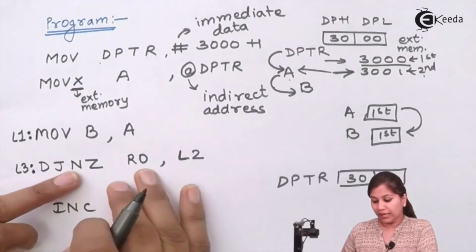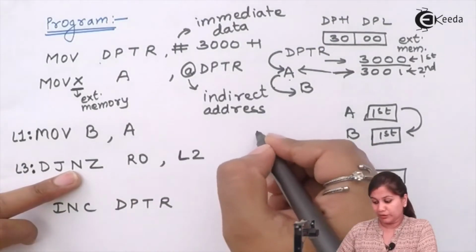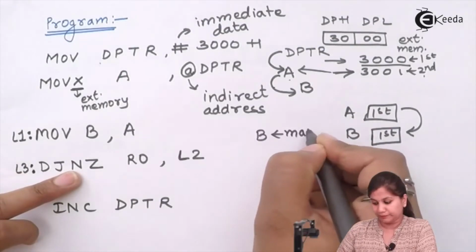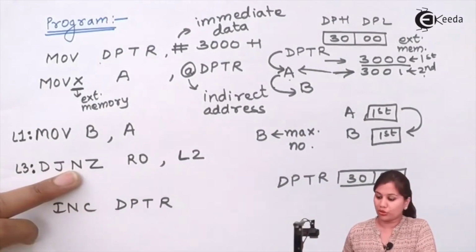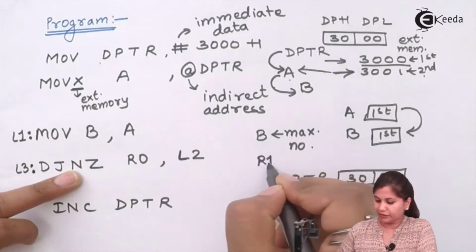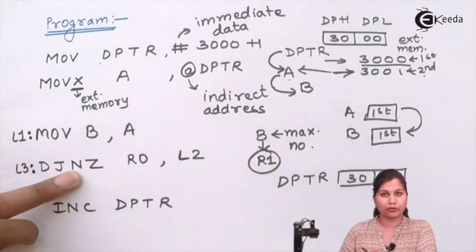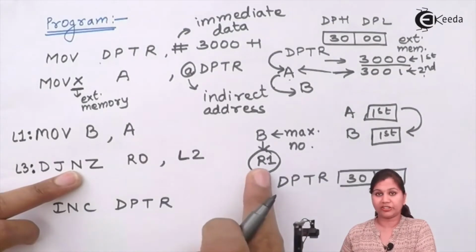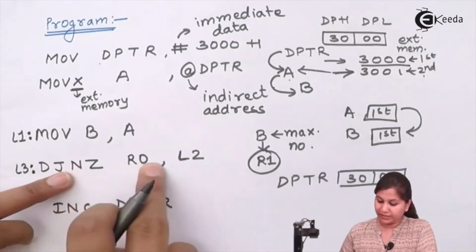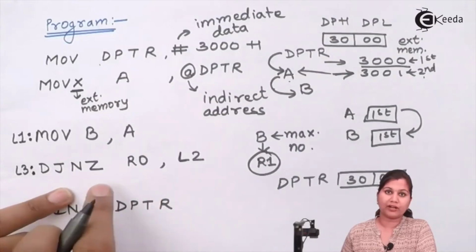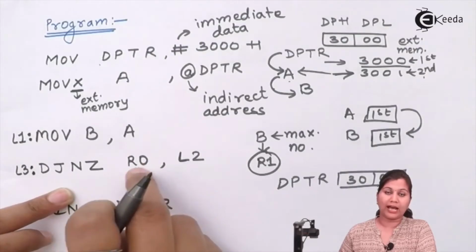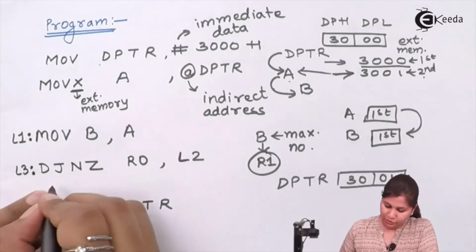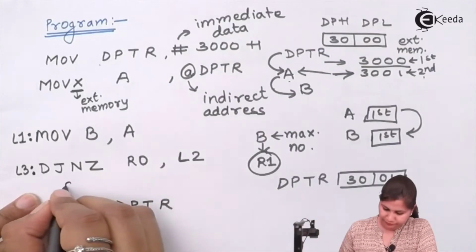Now the counter has become 0 and the maximum number is already there in register B. So we have to store our result in register R1, because it is given in the program statement that you have to store the maximum number or result in register R1. So here we have to give one condition that when this R0 register or counter has become 0, then jump to some memory location.